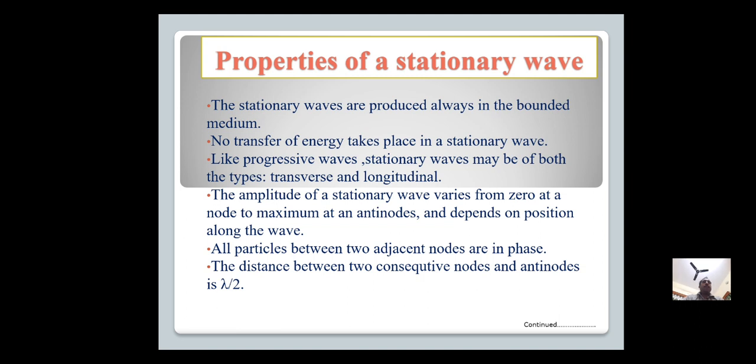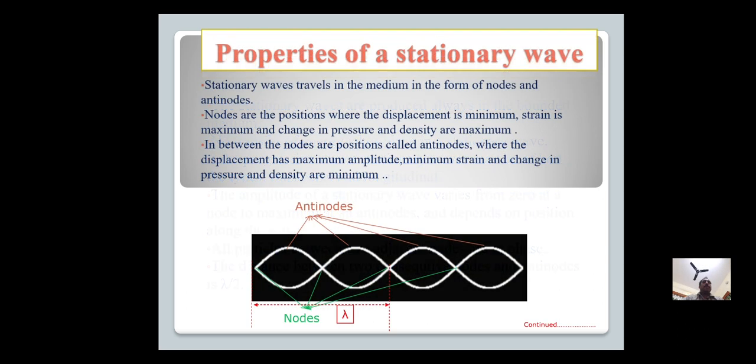We have to keep in mind that the distance between two consecutive nodes or antinodes is lambda by 2. The amplitude of a stationary wave is 0 at a node and maximum at an antinode. Nodes are the positions where the displacement is minimum, strain is maximum, and change in pressure and density are maximum.